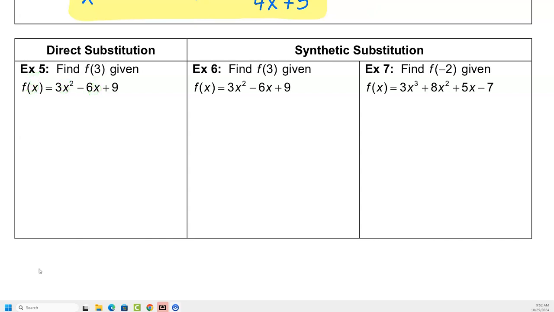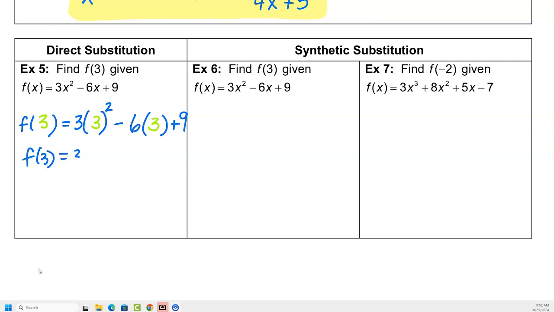So let me rewrite this here. So it'll be f of x is equal to, I'm just leaving empty parentheses every time I have an x, right? So 3 times x squared minus 6 times x plus 9. And every time we have an x, we're going to put the 3 in. So here, you're going to get, I'm going to do the exponent there.